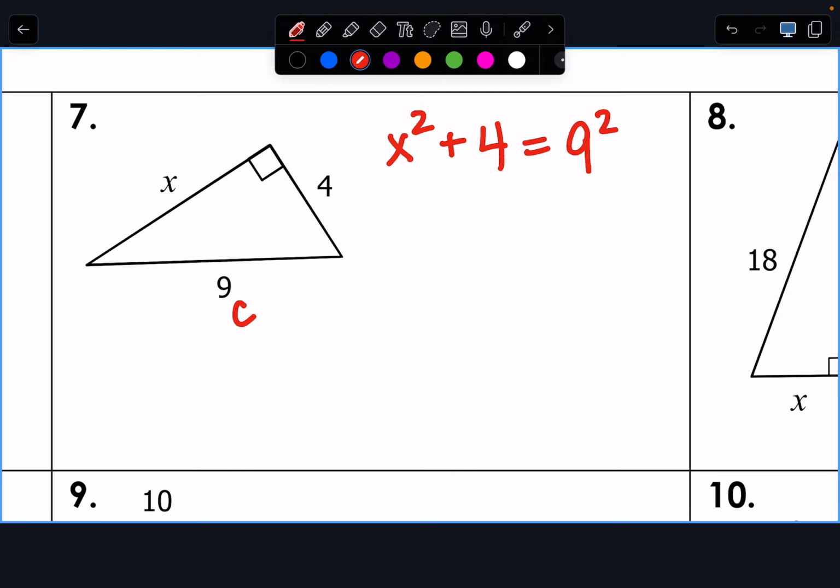Cool. 4 squared and 9 squared. Okay. What operation do we need to do with 81 and 16? Okay. Since it's on the other side of the equal sign, we need to subtract.